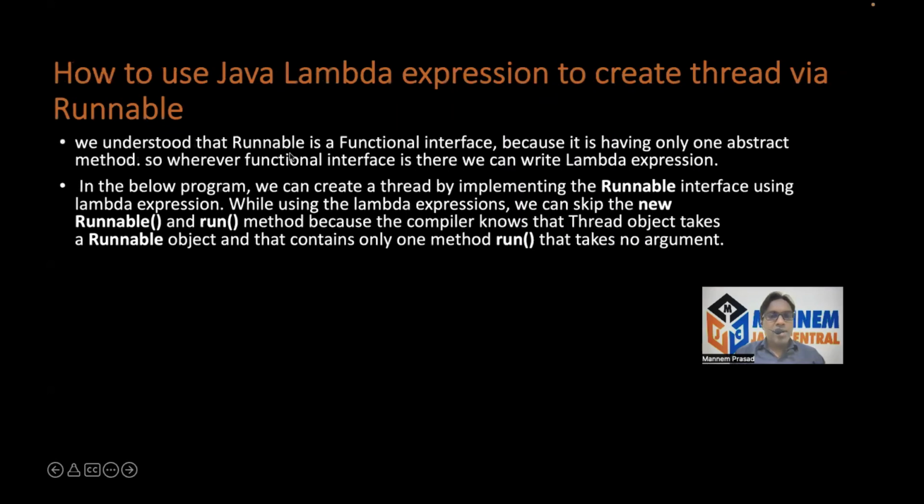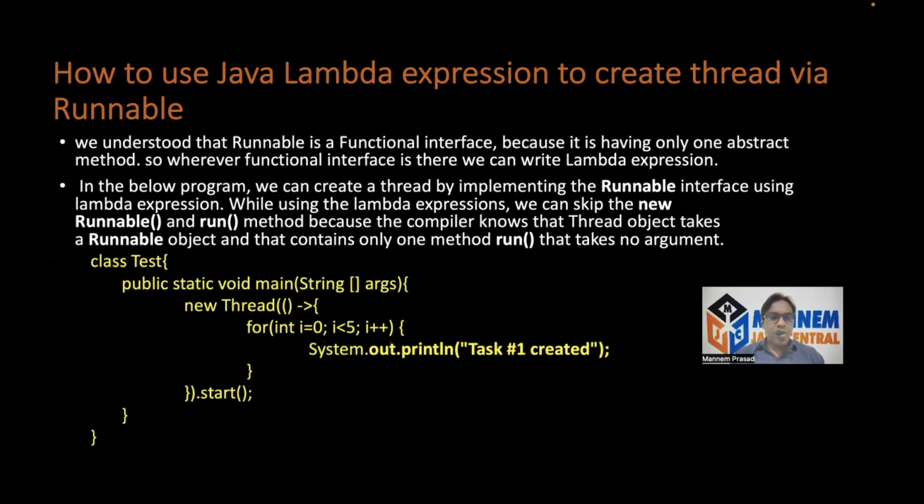We understood that Runnable is a functional interface, and that Runnable functional interface contains only one abstract method, that is the run method. So wherever functional interface is there, we can write lambda expression. So let's see the code.